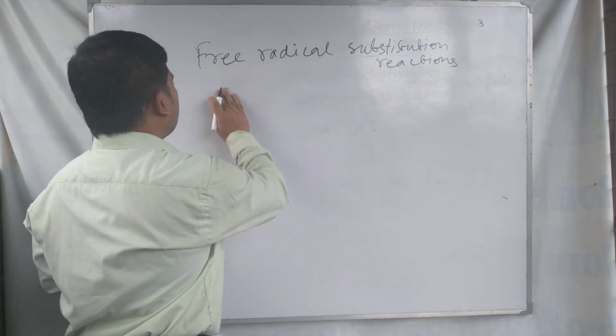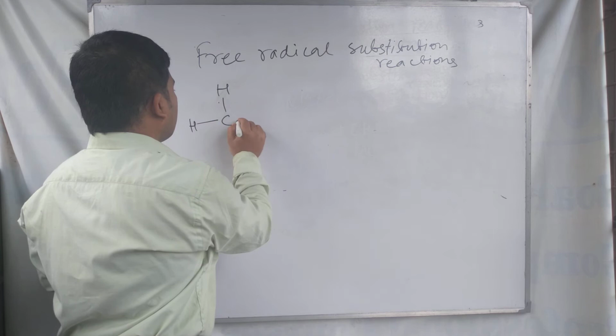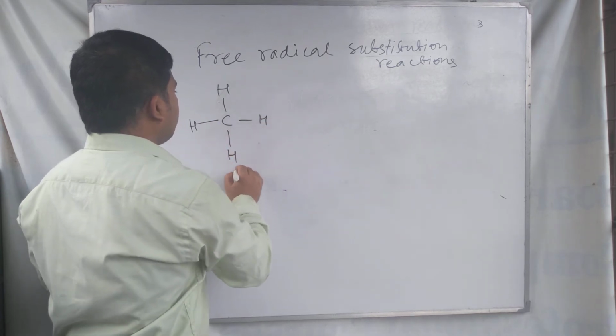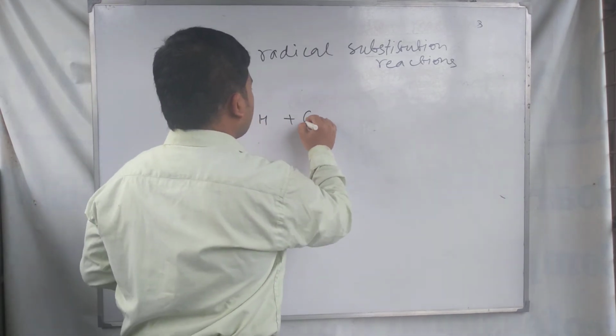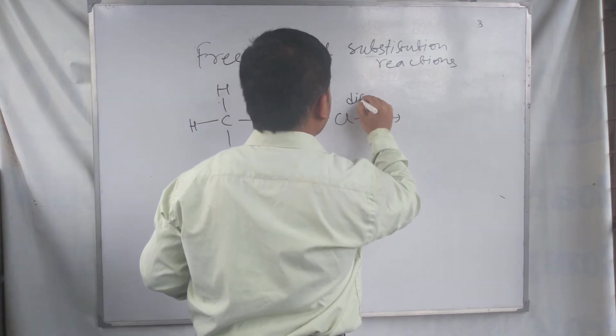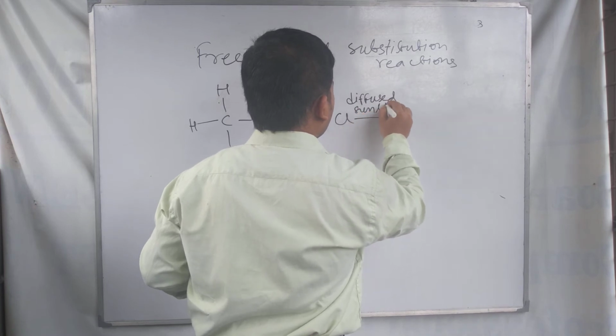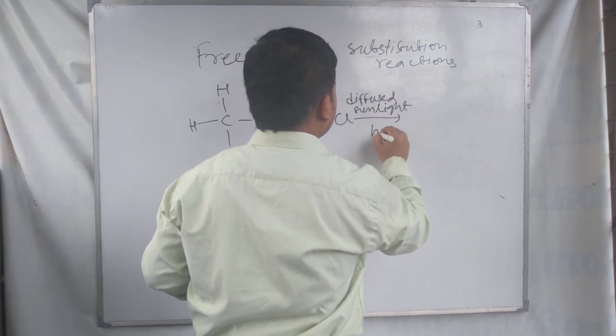Suppose this is the reactant molecule, methane, and we are reacting it with chlorine in presence of diffuse sunlight, or h nu you can write.